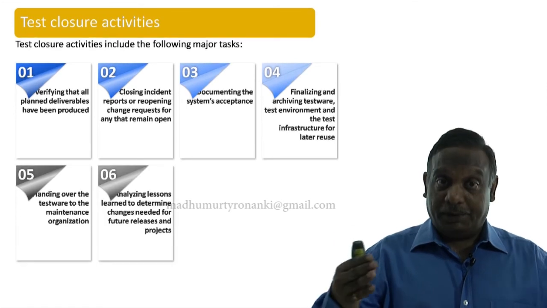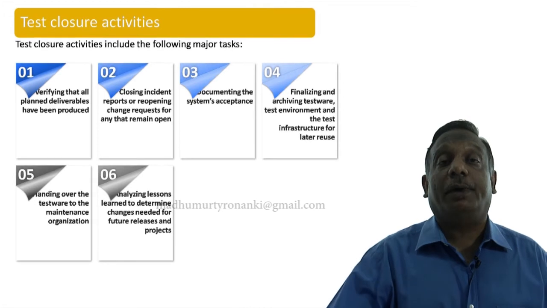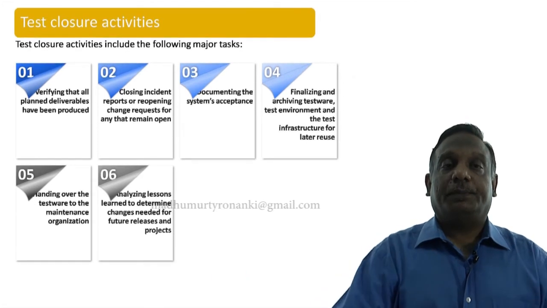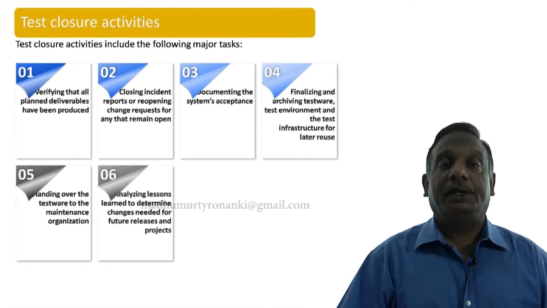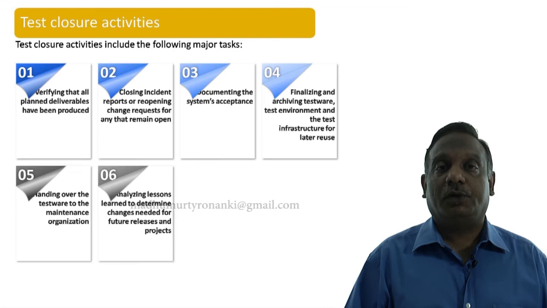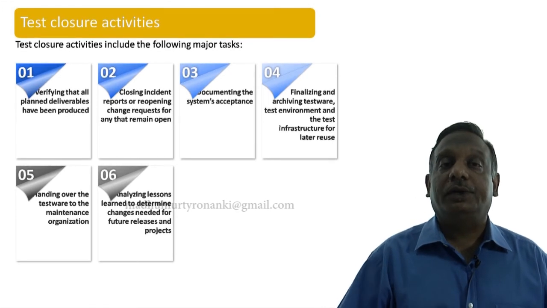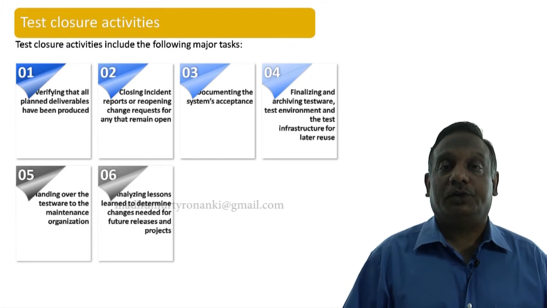Then another important activity we have to do is a project post-mortem meeting. It means all of you, the project stakeholders who participated in the project, come into a meeting room and discuss what happened well in the project, lessons learned, to determine changes needed for future releases and projects.